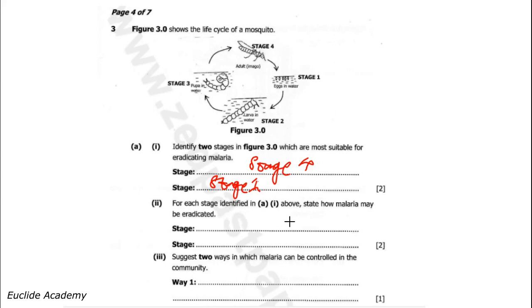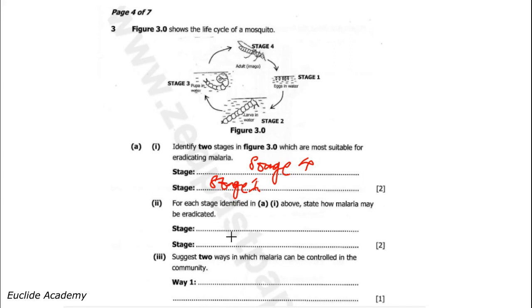So for each stage identified above, state how malaria may be eradicated. Okay, I think we've mentioned this.